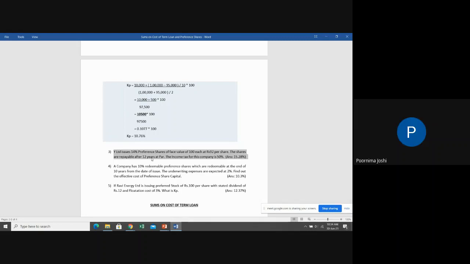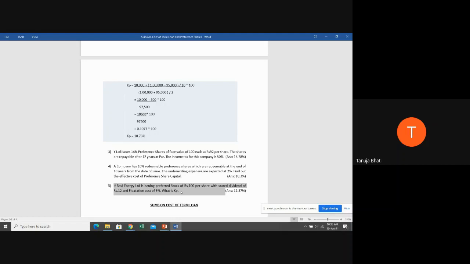And the fifth one, ma'am? Fifth one is irredeemable. Why? Because is any information about repayment of preference shares given? Is the number of years for which it is issued given? Is N given? No, ma'am. So if no information is given, how will you treat it as redeemable? Because for the redeemable formula, you require N, you require RV.